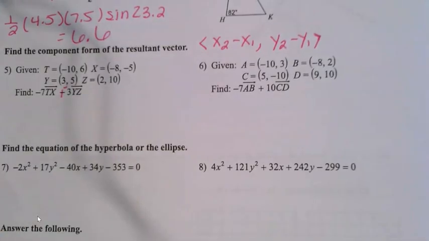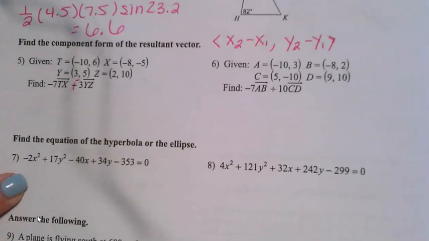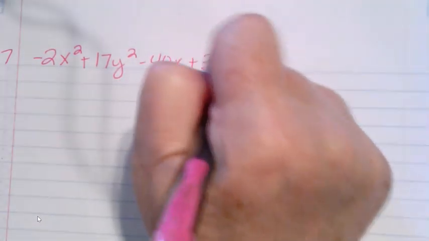Number 7, here is where we're going to be doing complete the square. Okay. So negative 2x squared plus 17y squared, 40x plus 34y minus 353 equals 0.